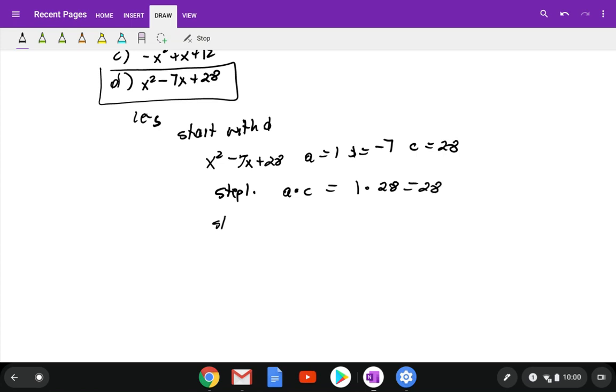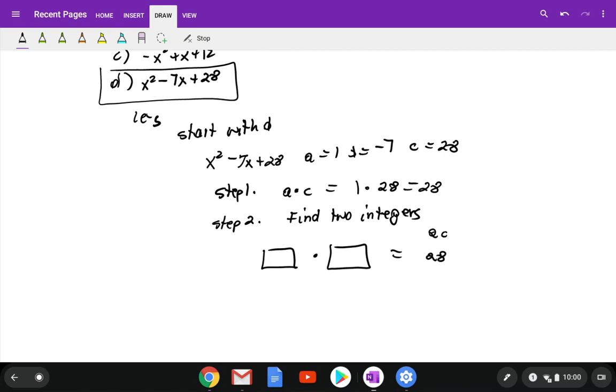Step 2: find two integers which by multiplication give you that AC, which in our case is 28, and the same two integers which by addition give you B, which in our case is negative 7.